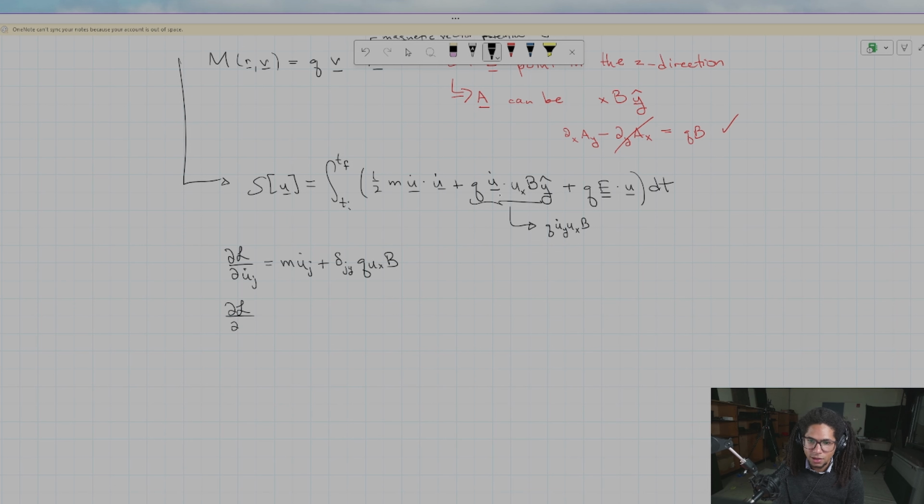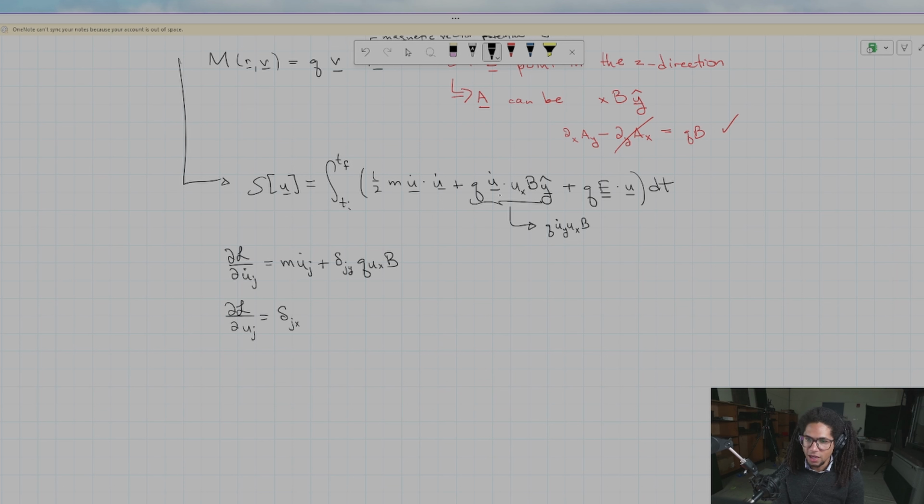Now, dL over d u_j is what? In this case, we're only going to get something from the third term, unless j is x, in which case we'll get something from this term as well. We'll have our Kronecker delta j x first.